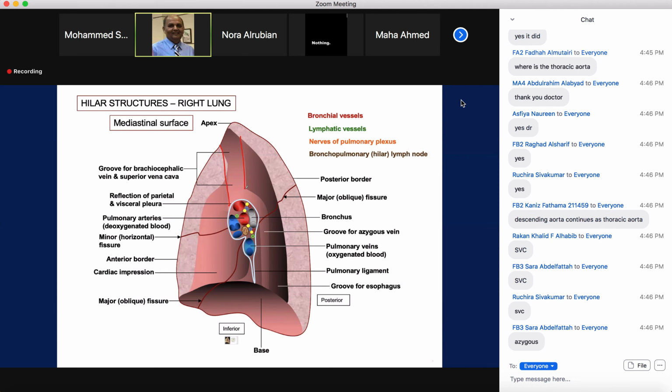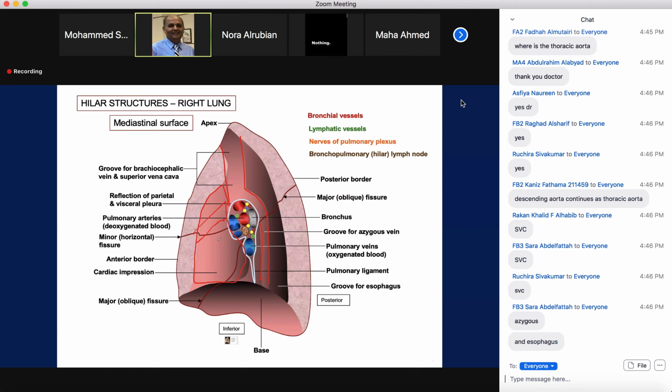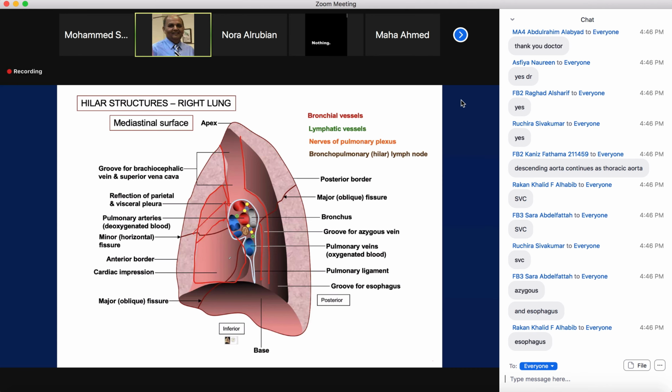And this should be my azygos, which arches over the hilum of the right lung. And this whole thing is the cardiac shadow. Are we clear about this? And now this remaining area is for the esophagus.